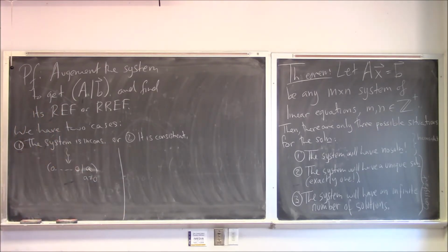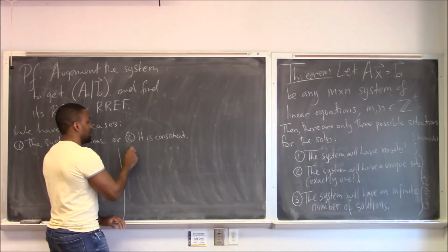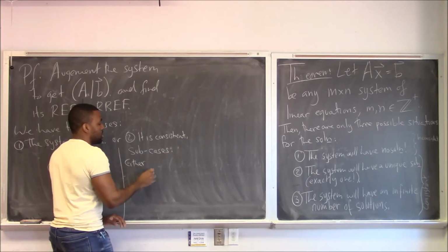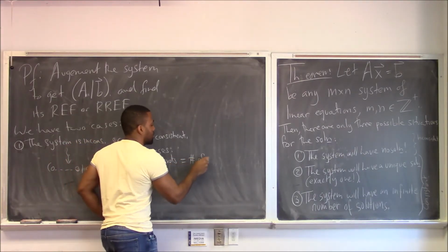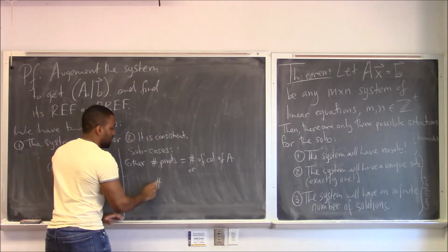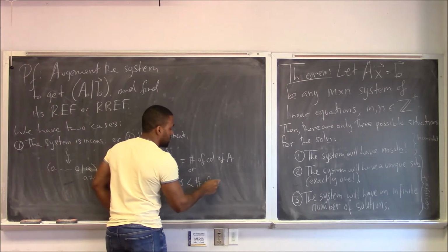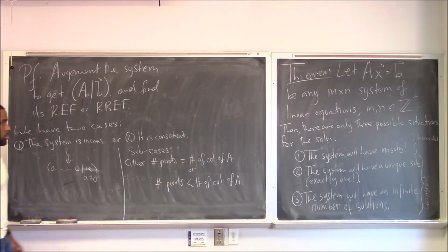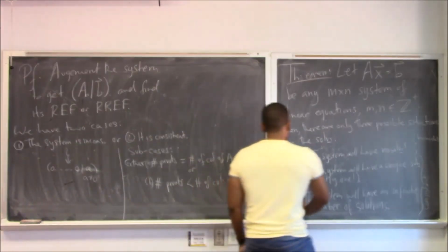Okay, now let's look at this happening. There are two possibilities here. Here we have subcases. Either the number of pivots equals the number of columns in A, or the number of pivots would be less than the number of columns in A. So I have subcases A and B, and we can deal with each of those individually.